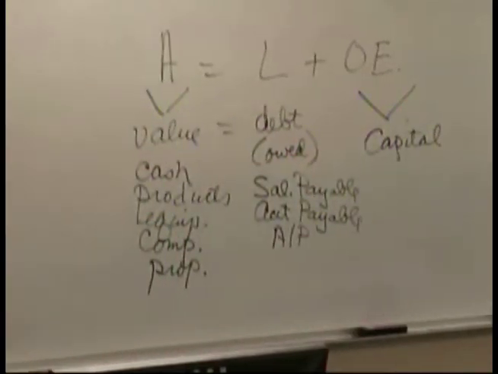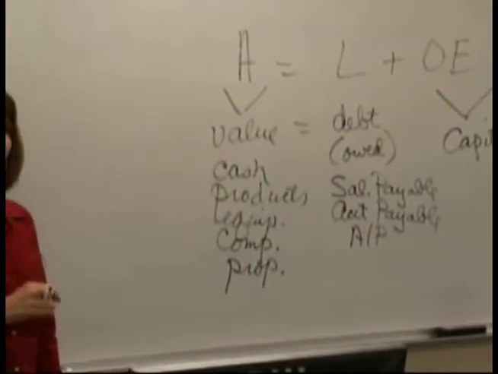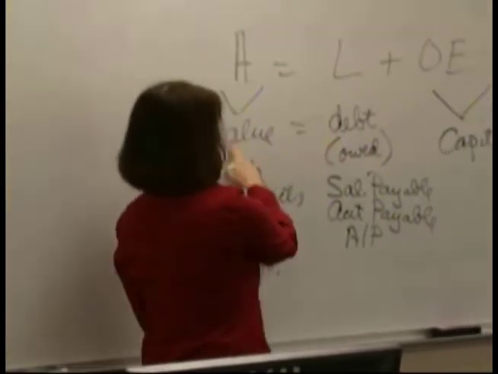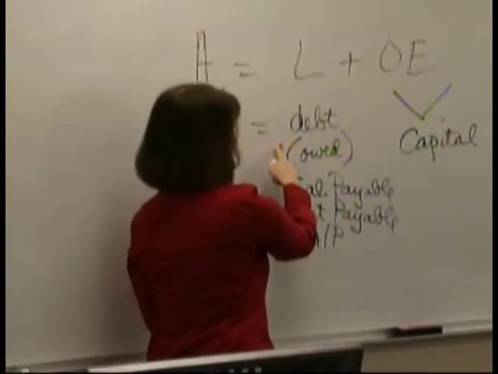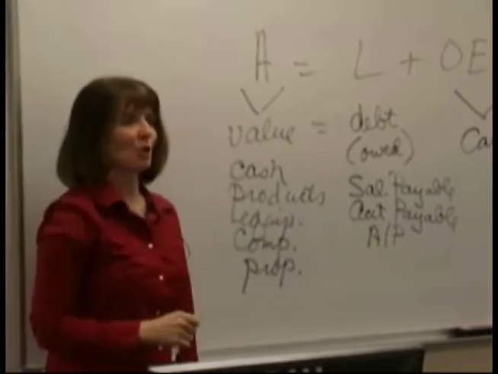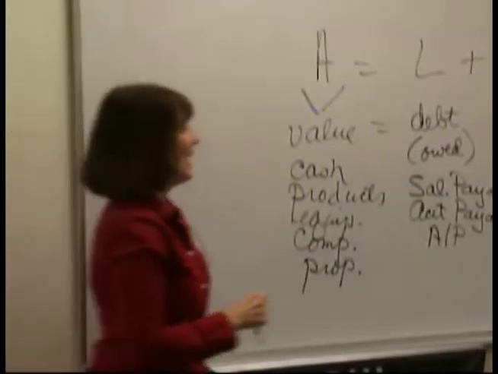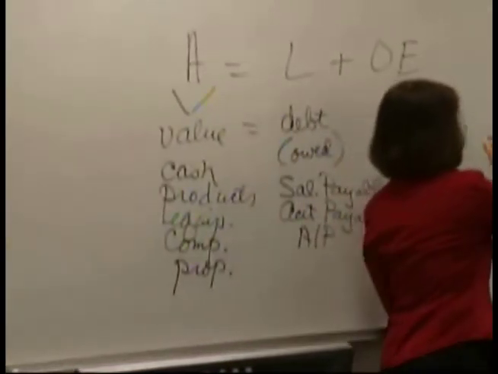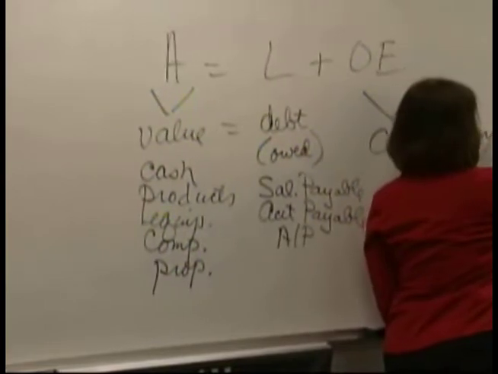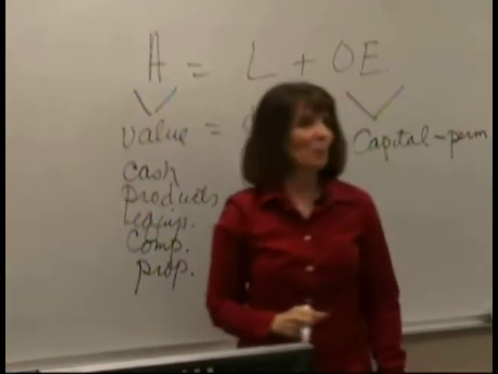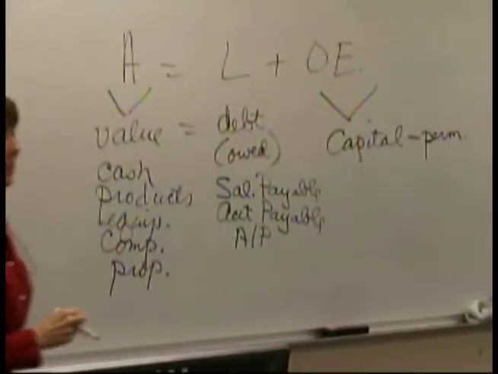Capital, or the equity in your business, combining it with liabilities that equals your total assets. Capital is called a permanent owner's equity account.